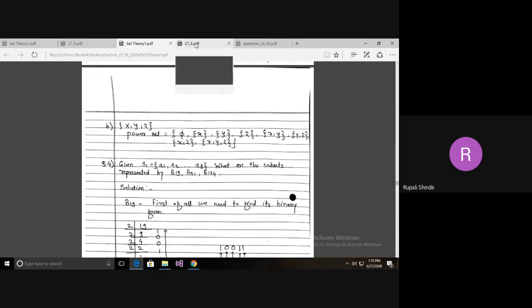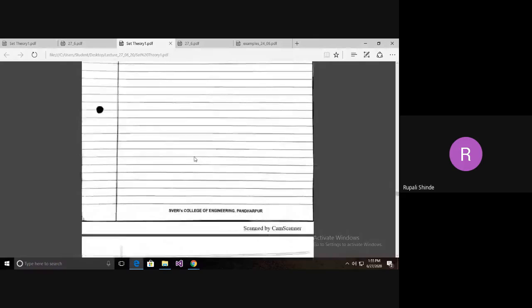Now we have to see the next point, that is operations on sets. This is a very important point. Different operations are given on sets. The first operation is the intersection operation.